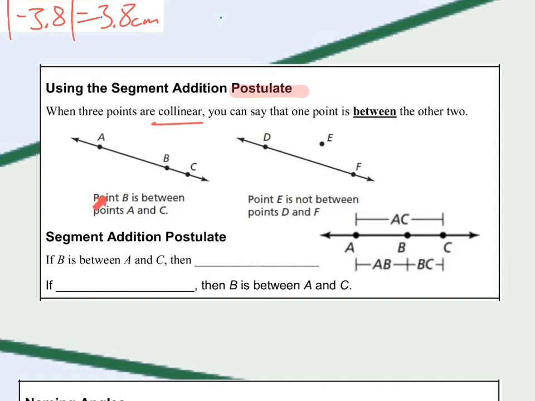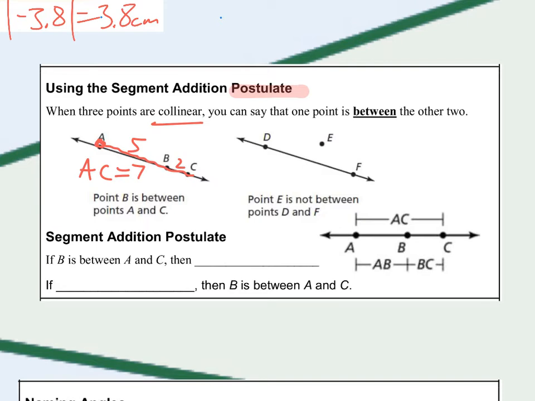But here, B is in between A and C, so these are collinear. Now, if I were to tell you that this length from A to B is 5, maybe 5 centimeters, and this is 2 centimeters, then how long is it from A to C? If you were an ant and you were to walk from here all the way over to C, isn't it pretty logical that it would be 7 units long?